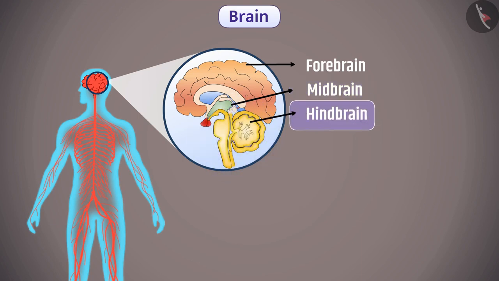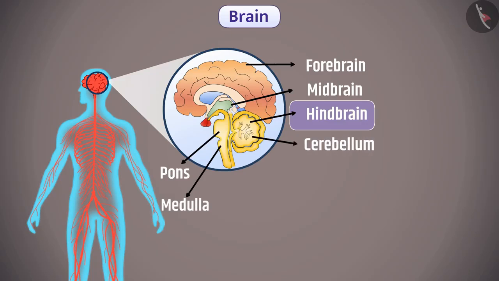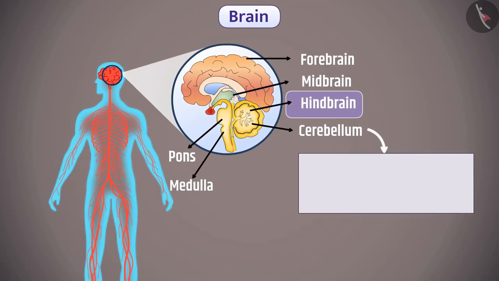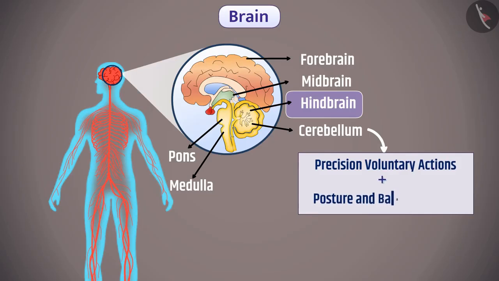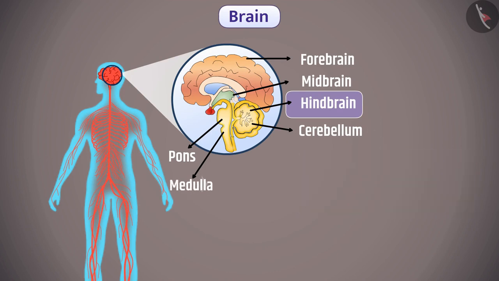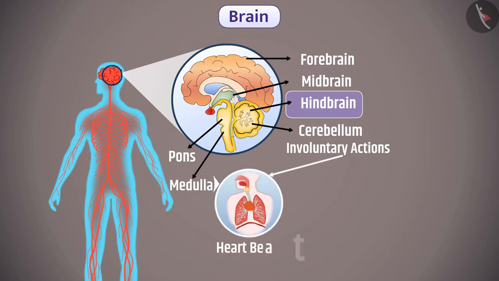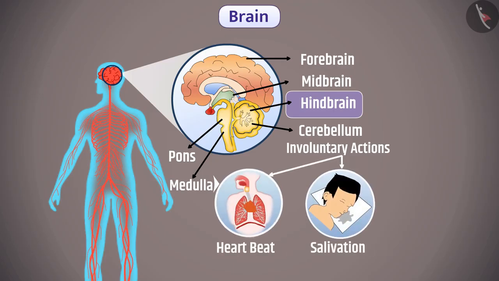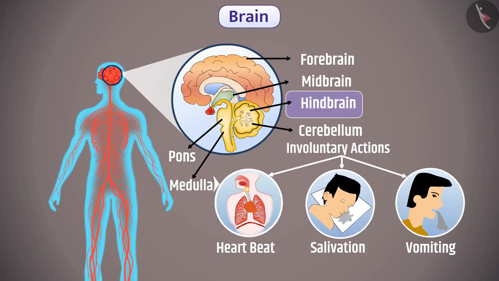The hindbrain is made up of the pons, medulla, and cerebellum. The cerebellum controls the precision of voluntary actions and the posture and balance of the body. And the medulla controls all the involuntary actions like heartbeat, salivation, vomiting, etc., which are not in our control. The spinal cord is present below the medulla.